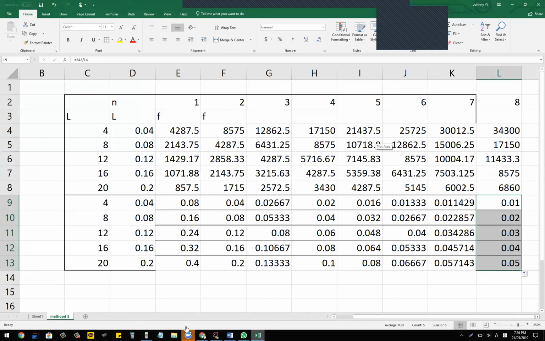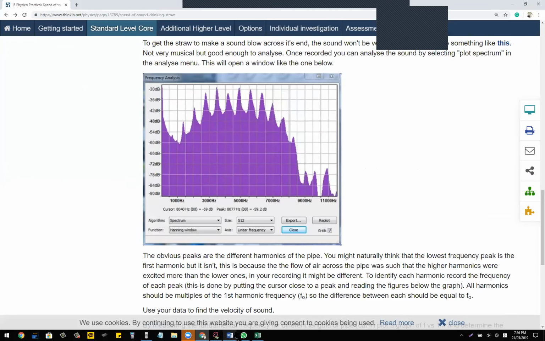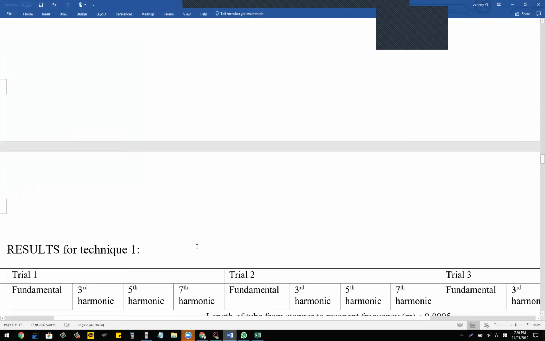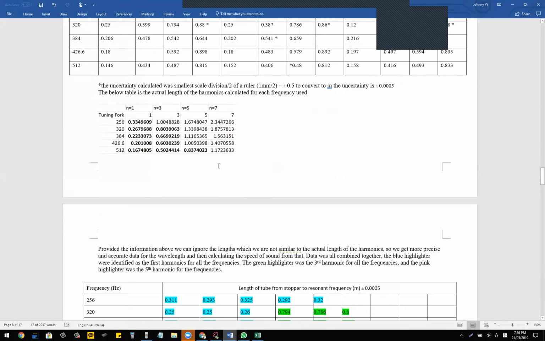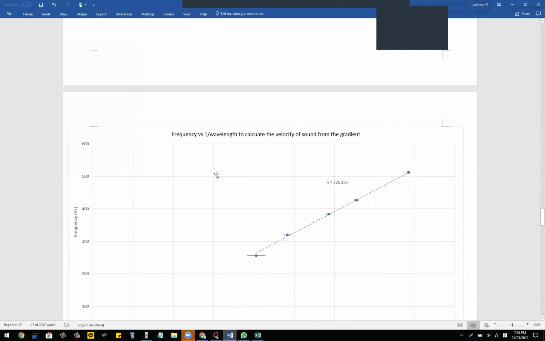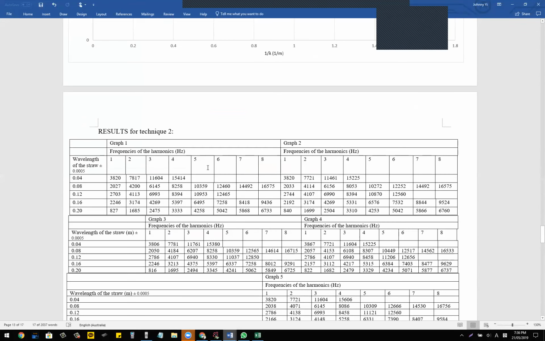All right. So let's have a look at your results. You have this result here. That's technique 1, right? And you have this result here. So with the 4-centimeter, frequencies of the harmonics.